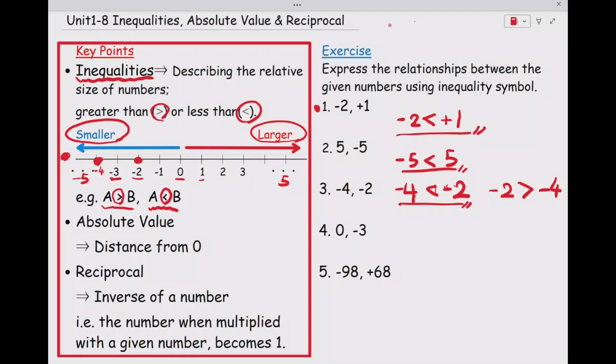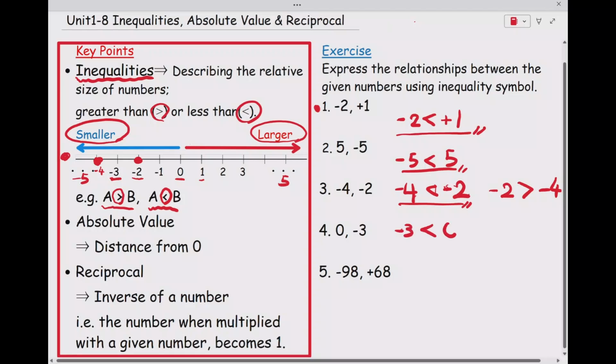Therefore, the answer is -3 on the closed side, and 0 on the open side. And it reads -3 less than 0. Finally, question number 5. It is to compare -98 and +68.